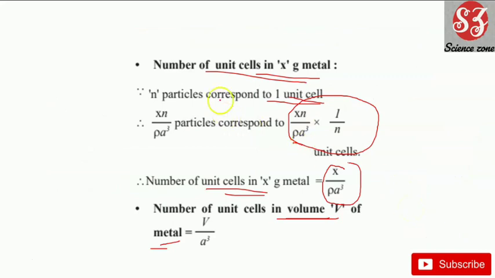And then you have to remember the formula for the number of unit cells in x gram, that is x into n divided by density into A cube, total into 1 upon n. And if you solve this, you will get x by density into A cube. And then lastly you have to remember the number of unit cells in the volume V of metal, that is V upon A cube.